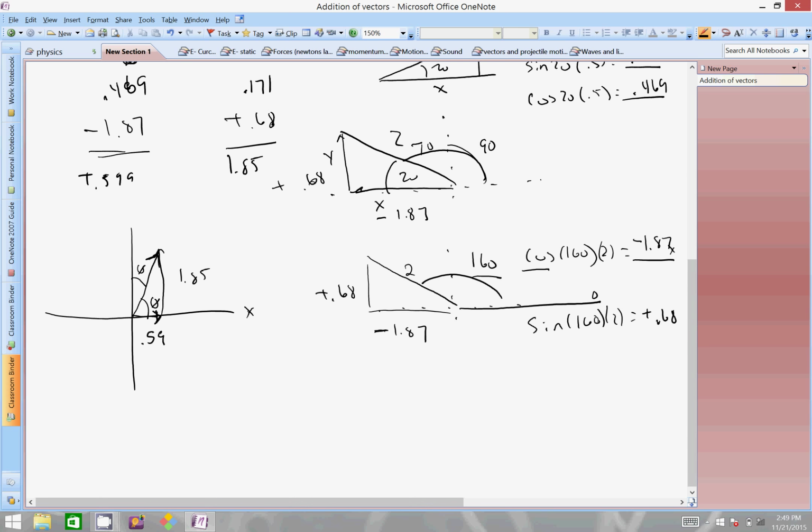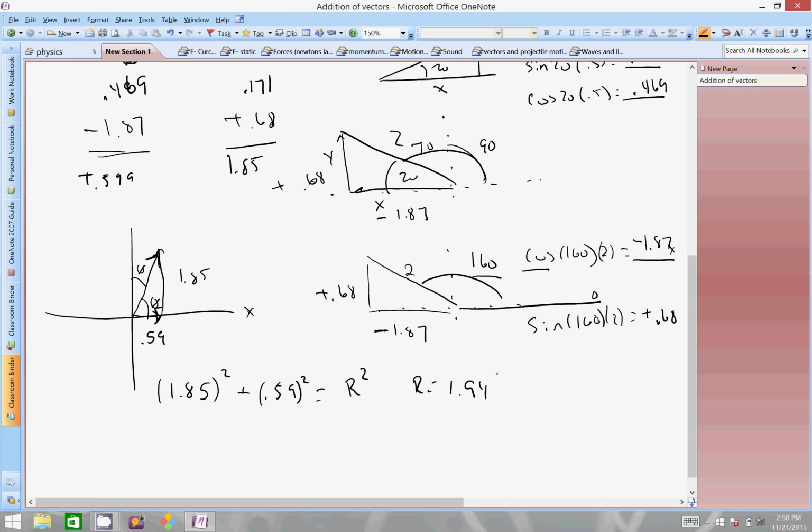So at this point I would take this is a right triangle right here, so I use Pythagorean theorem. 1.85 squared plus 0.59 squared equals my hypotenuse squared, the resultant squared, and the math on that would be 1.85 squared plus 0.59 squared equals, now square root that value, and I get r equals 1.94.